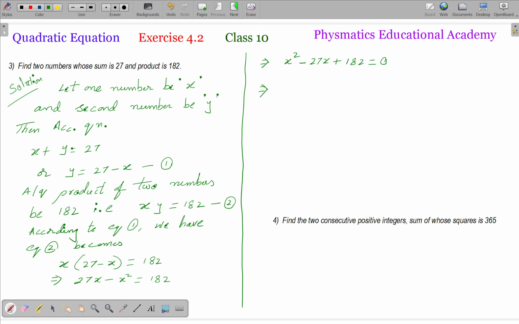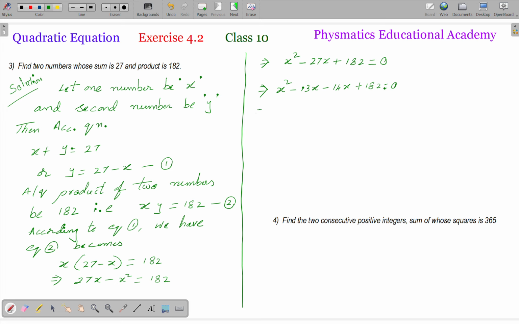Now, using the middle term splitting factorization method, x square minus 13x minus 14x plus 182 is equal to 0.